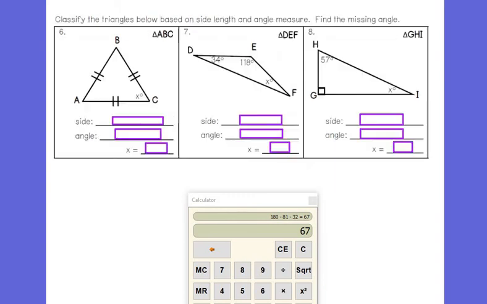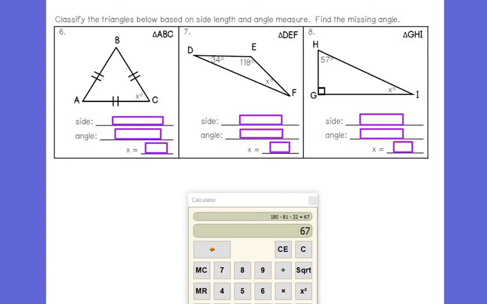All right. Last 3 here. Number 6, I have triangle ABC, and each side has 2 tick marks. So, classifying by its sides, if you go back to that chart we just looked at, there are 3 words we could call it: equilateral, isosceles, and scalene.